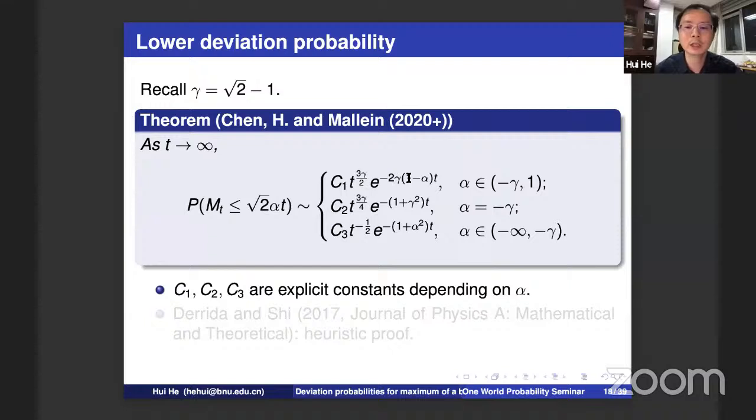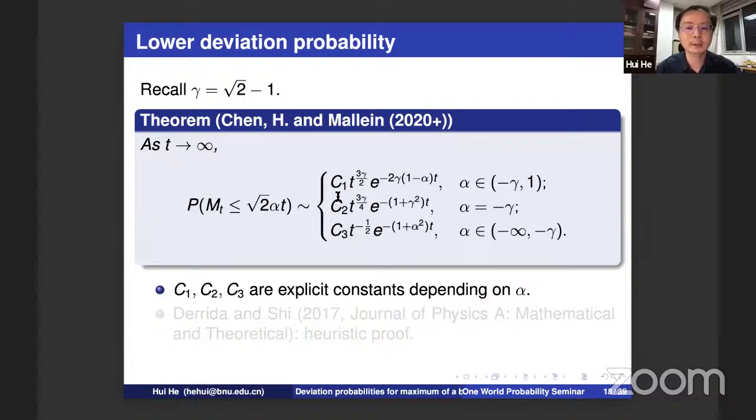And the exponential term was already obtained by Dahid and Shi, and we obtain t to the 3 gamma over 2 and the constant C1. And if alpha is just minus gamma, then the power term is t to the 3 gamma over 4. And if alpha is very small, notice alpha could be negative, then you get 1 over t here.